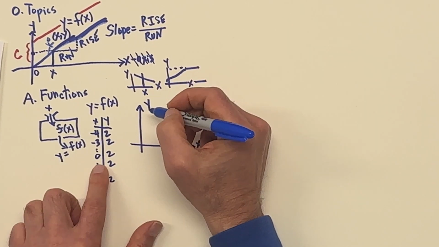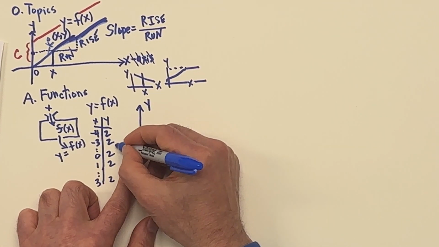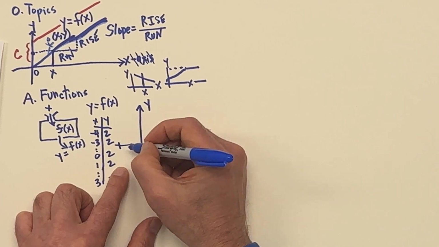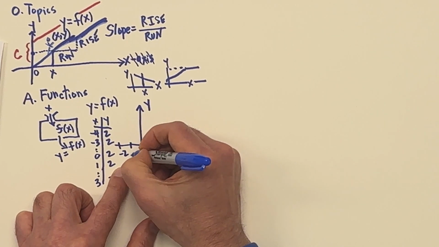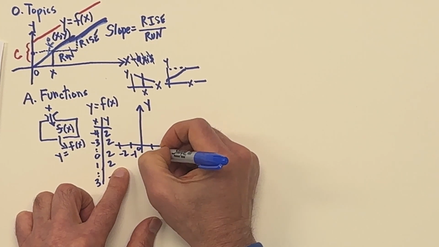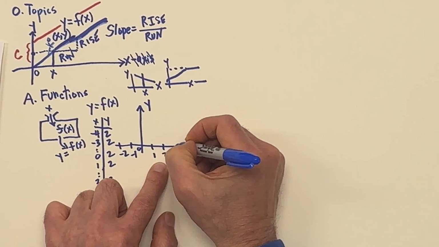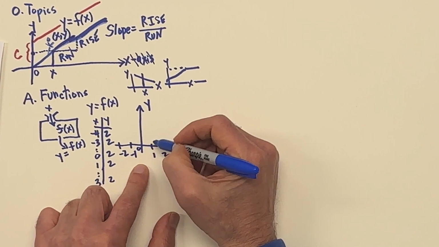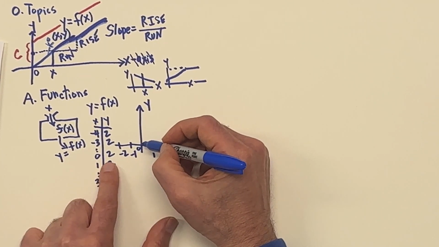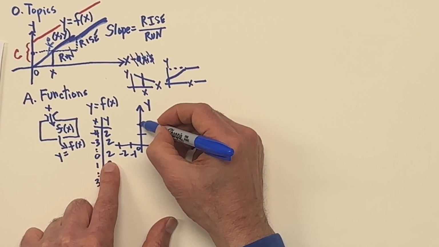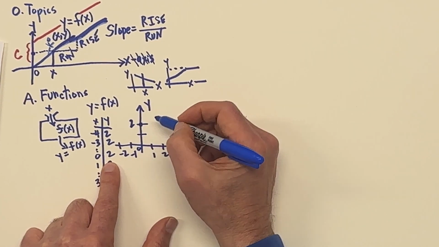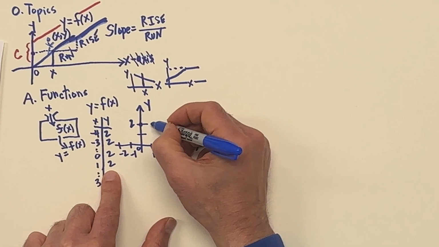And then here, for the different values, you can actually put the values on the graph. Say like here's a minus 2, a minus 1, a 0, and then 1, a 2, and a 3. Then if you have 0, say the answer is 2, so you'd be up here at 2. And then if you had 1, you're up there at 2.